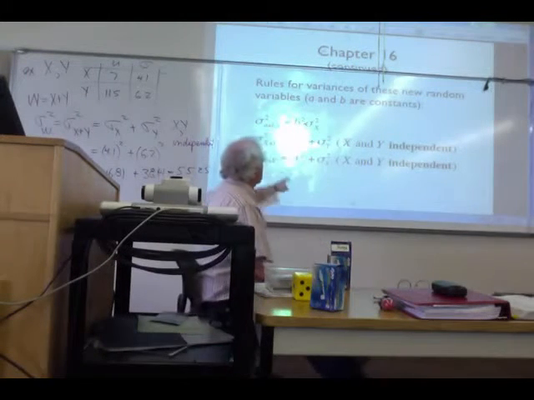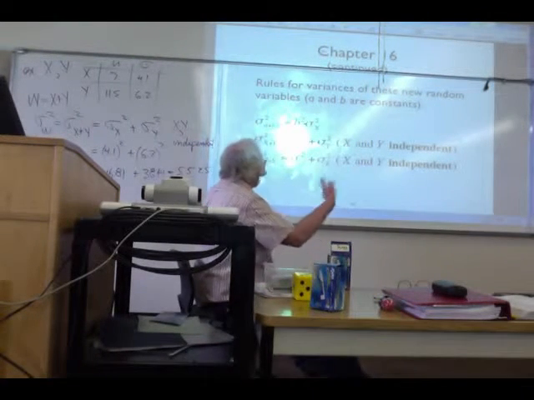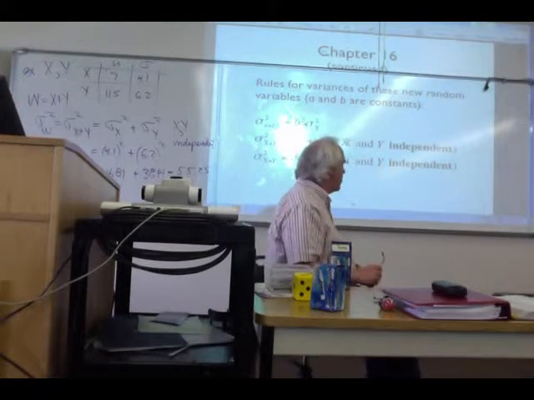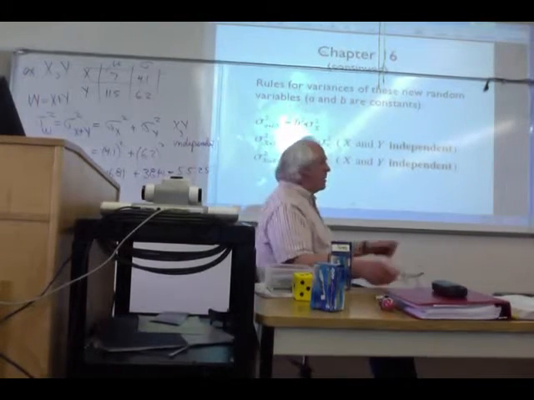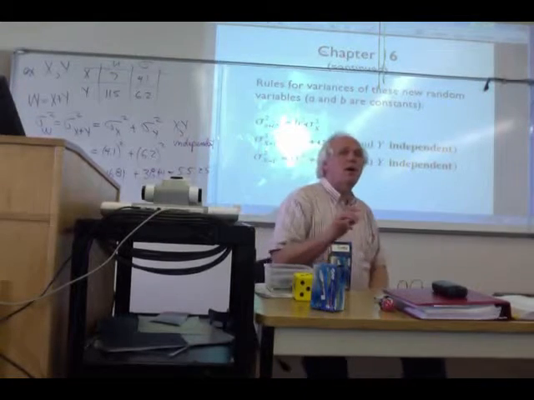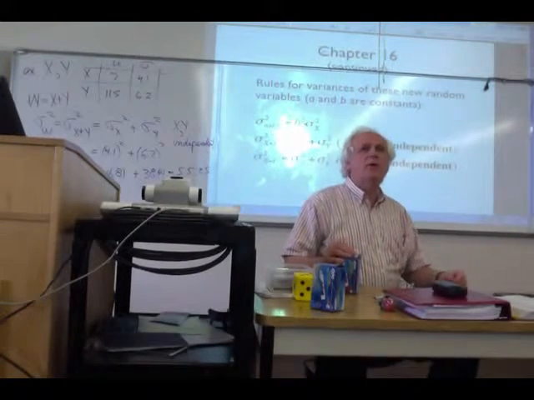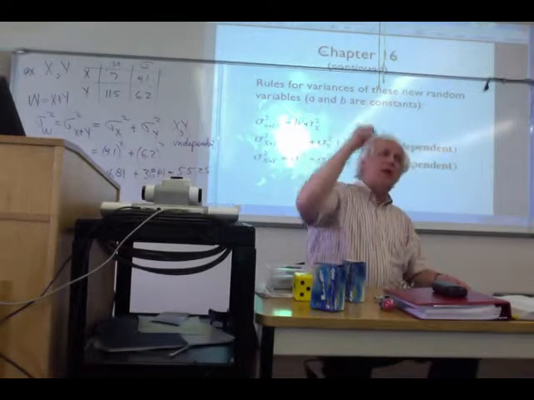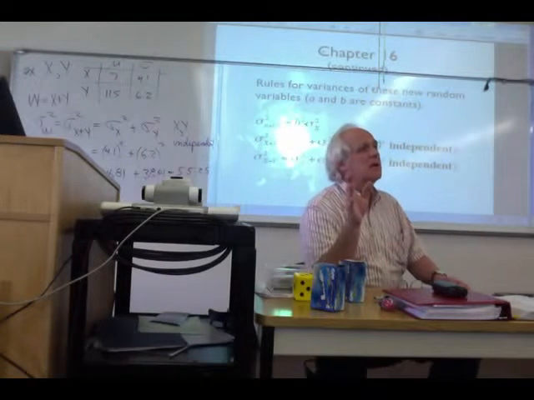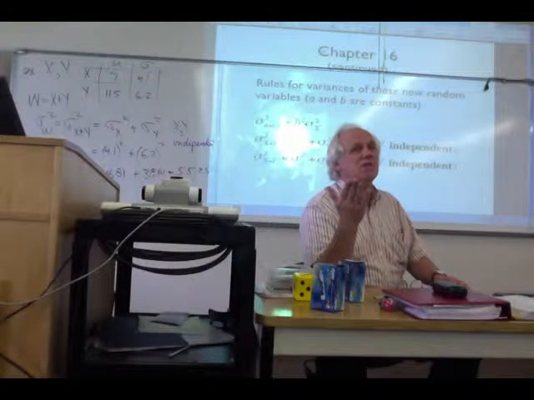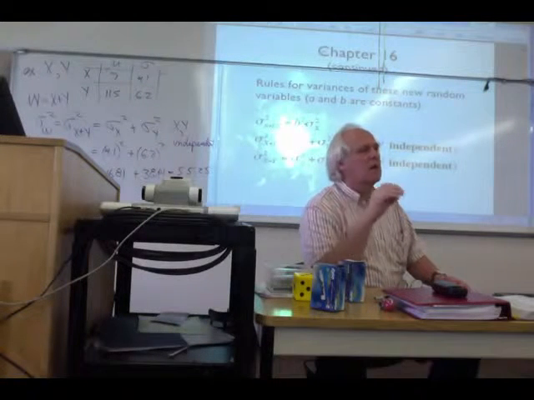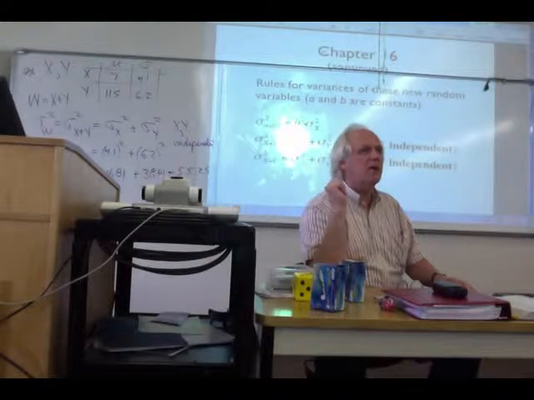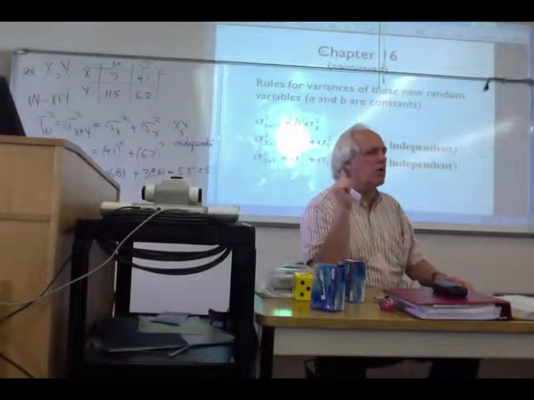Now, we don't use this so much here in this class, although we use it in subsequent, in 244. Now, if we have two random variables which are not independent, these rules have to be replaced by a more general statement. But we don't, generally speaking, go there in this, either in 243 or in 244.